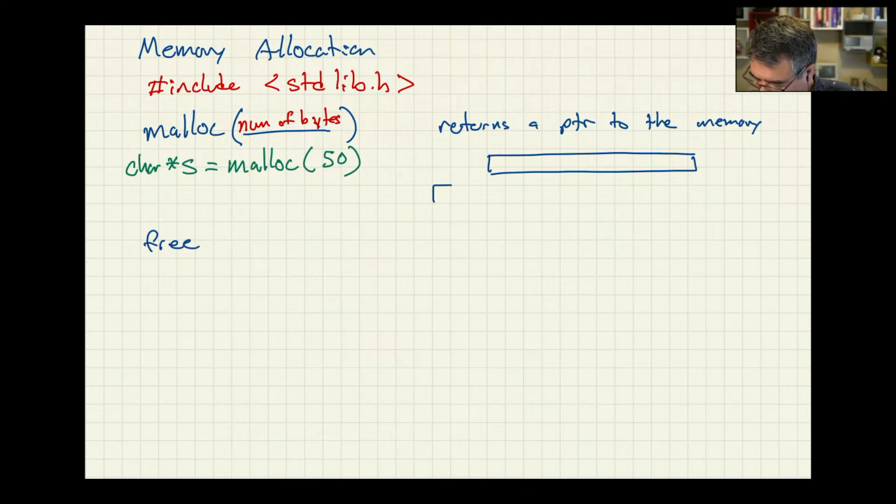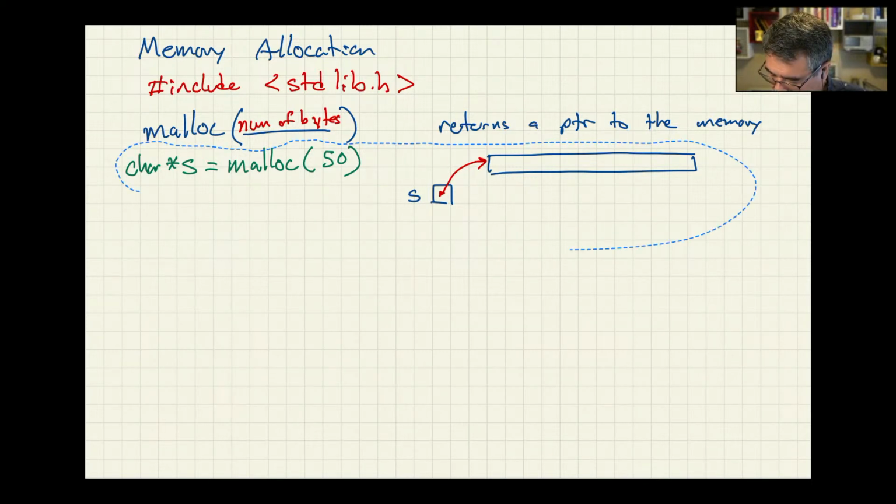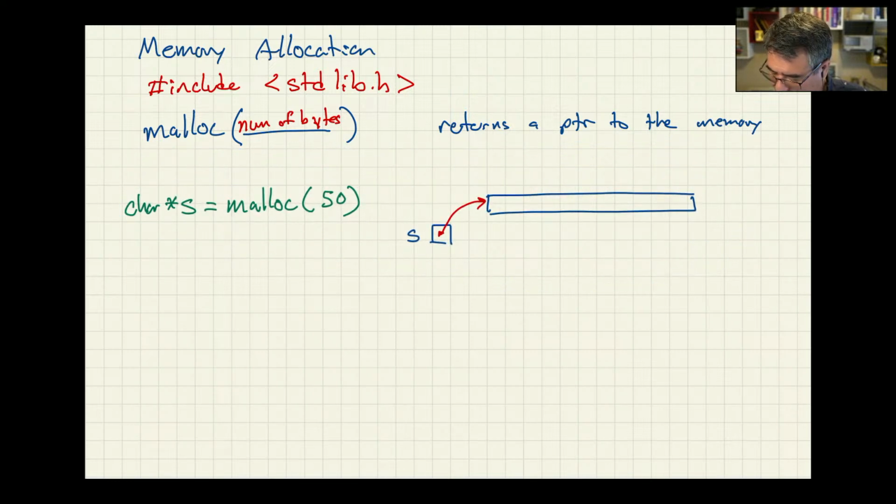And then you'll create a variable called s that'll point to that. And then you can fill it up as you would any other string. I'm going to just move this down.